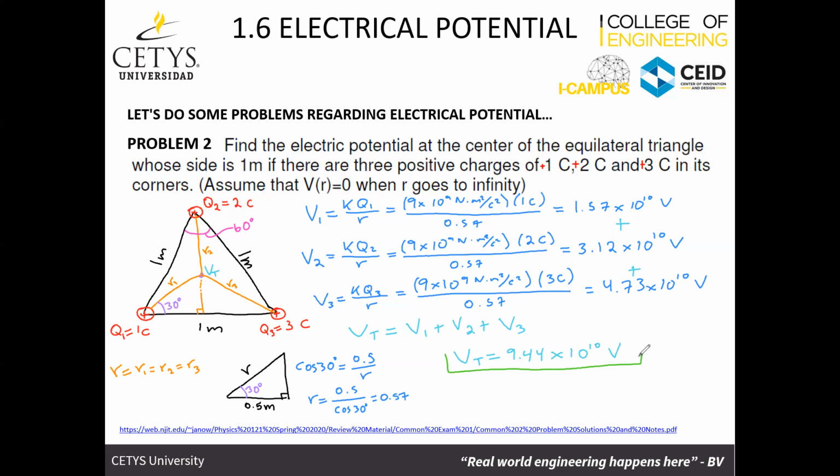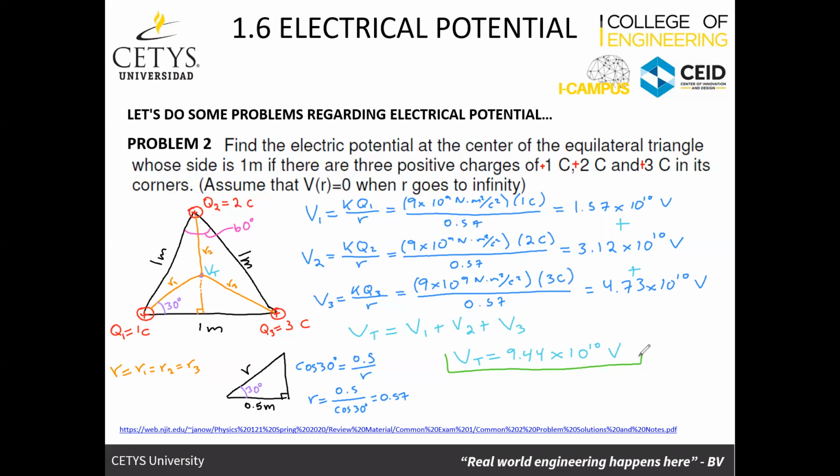Mathematically, the negative charges subtract. But also, in reality, I'm bringing a positive charge from infinity and going towards the triangle. Those three positive charges are generating an electric field that's pushing me back, so I'm trying to go against that.